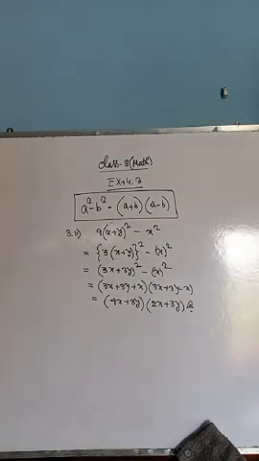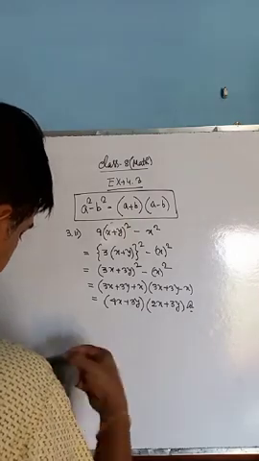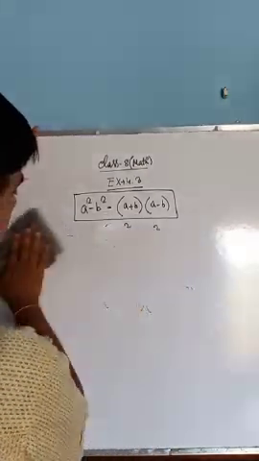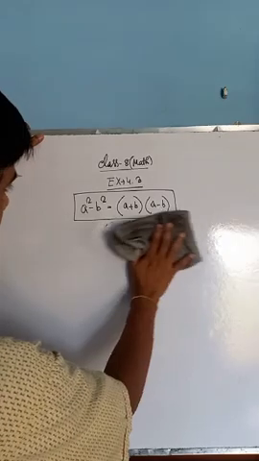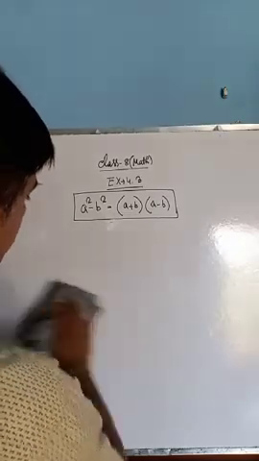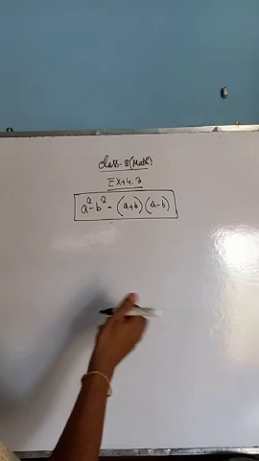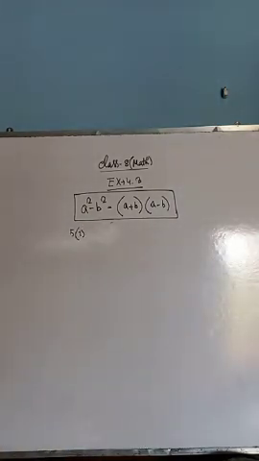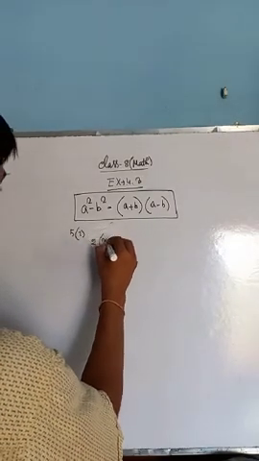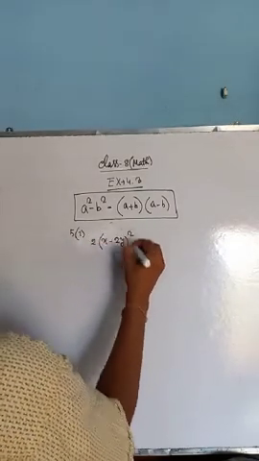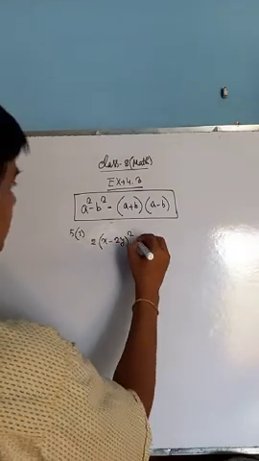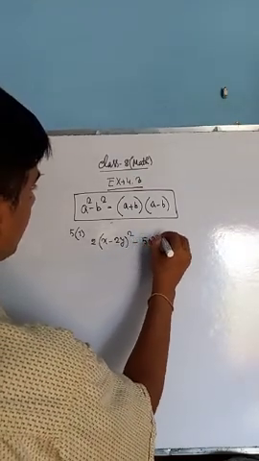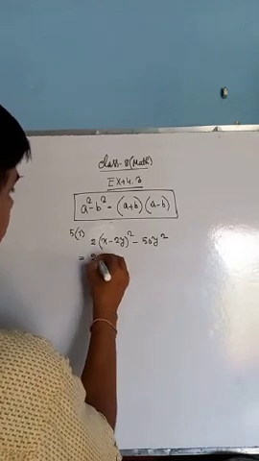Okay, so in this way you are able to solve all the problems from here. Another math, 5A1: 2 into x minus 2y whole square minus 50y square. So take the common 2.